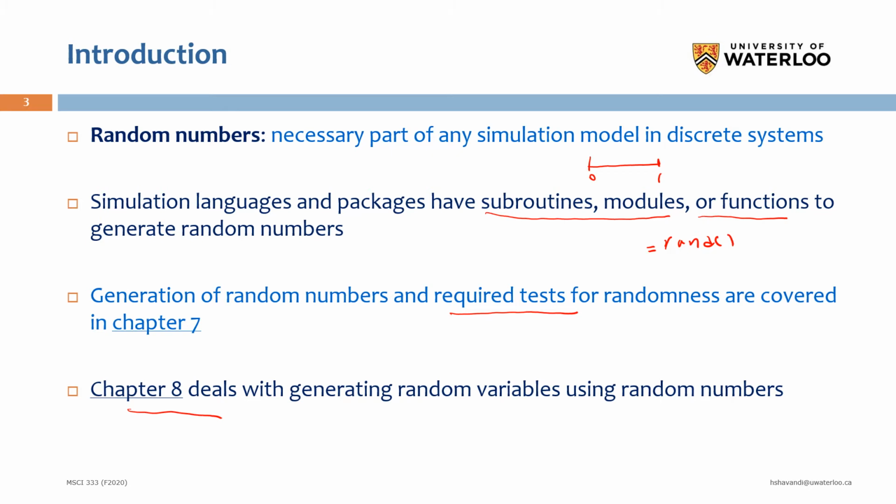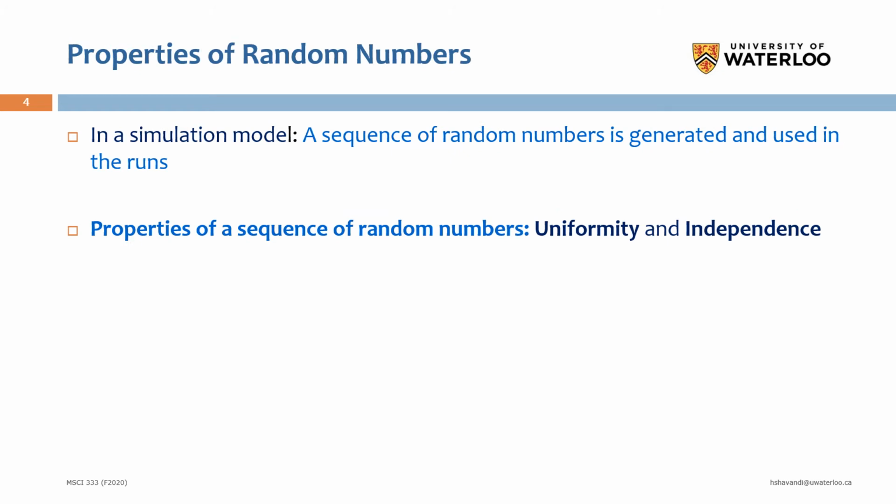And in chapter 8, we will learn the methods to generate random variates or random variables from particular distributions. In any simulation model, we generate a sequence of random numbers and then use these random numbers in the runs, right? So the properties that we need for a sequence of random numbers are uniformity and independence. Without these two properties, we can't trust that random number generator method.